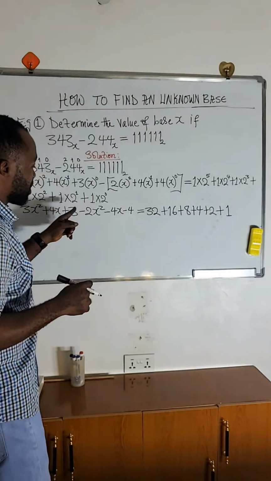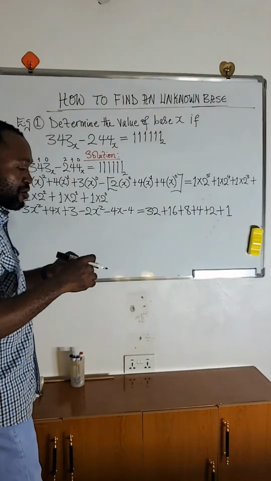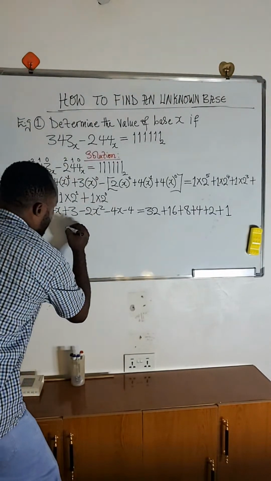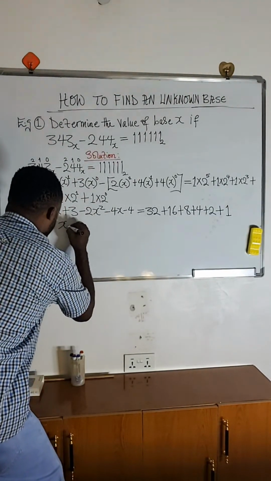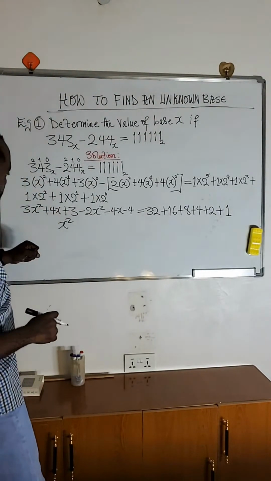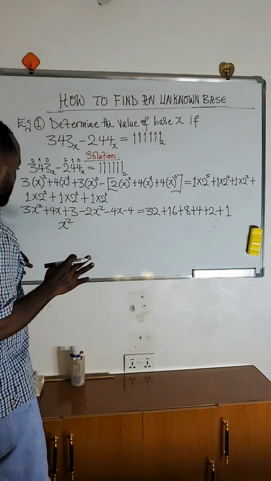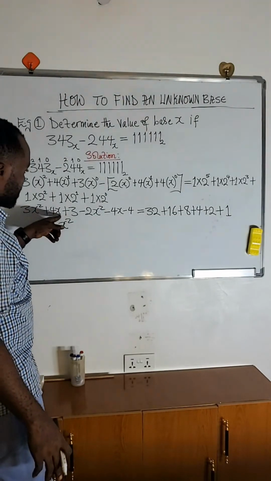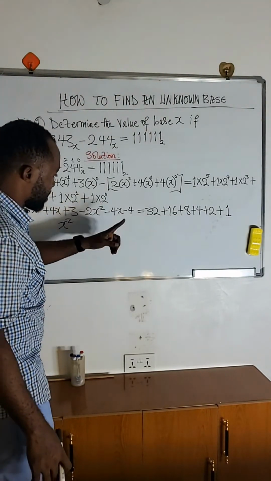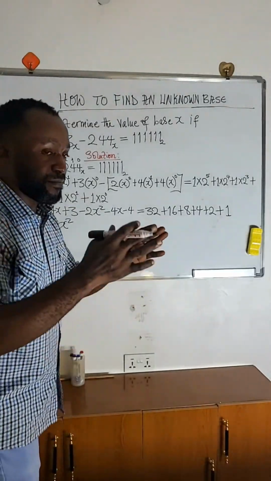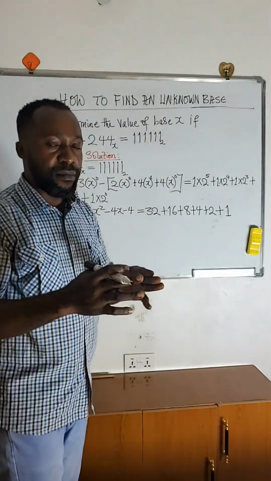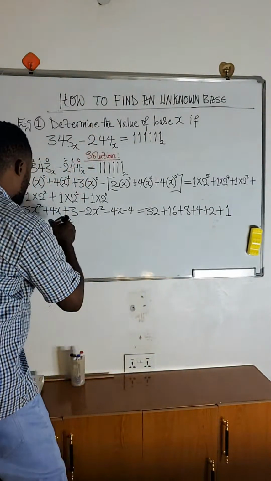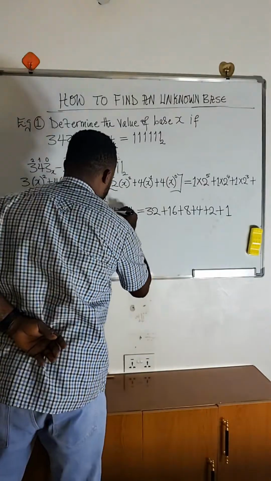And so that is 1x squared, but we are not going to write 1x squared, we are going to write x squared. The next one is plus 4x and this is minus 4x. So it's just like saying 4 minus 4, which is 0. So those places are gone.